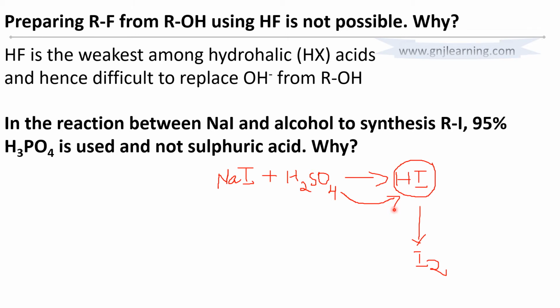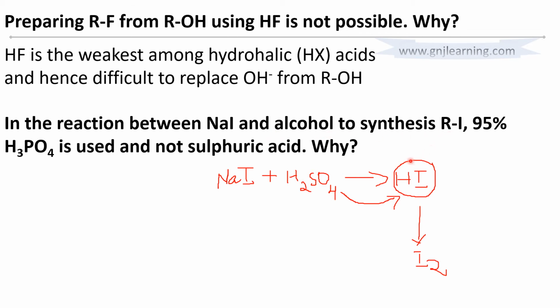So what is required for substitution here? It is HI. And H2SO4, though it will give HI, will again convert that HI into I2. So I2 cannot do the substitution. What substitution? ROH to RI, isn't it? Alcohol into RI.